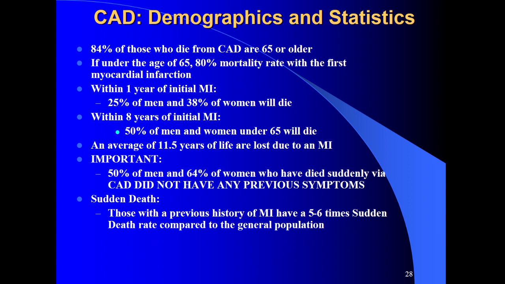Importantly, 50% of men and 64% of women who have died suddenly did not have any previous symptoms. Those with a previous history of myocardial infarction have a 5-6 times sudden death rate compared to the general population.